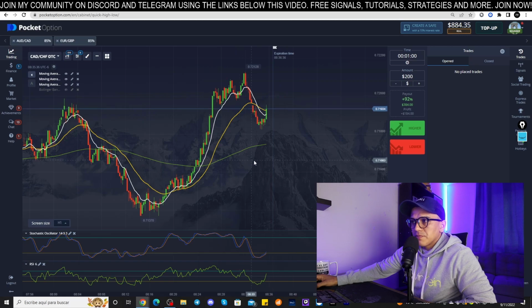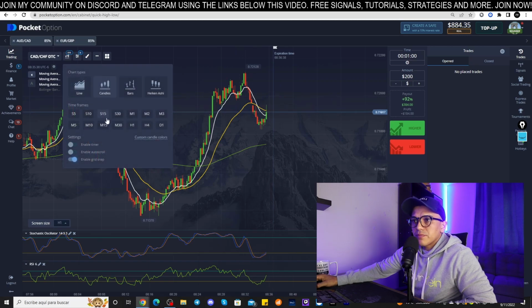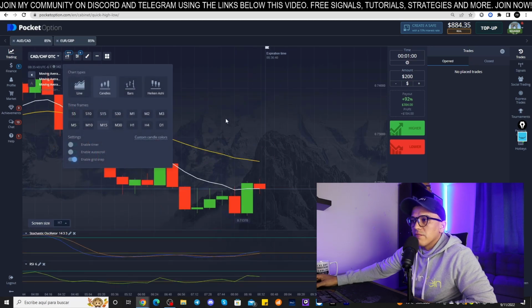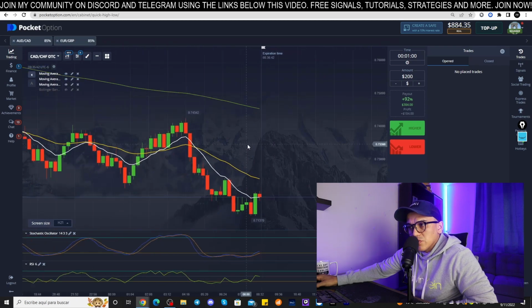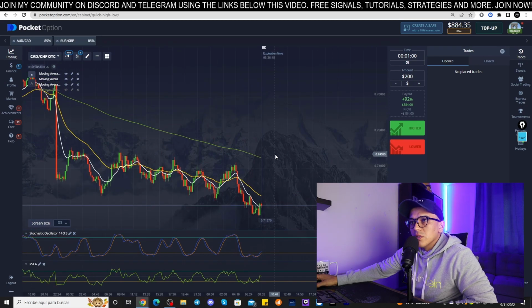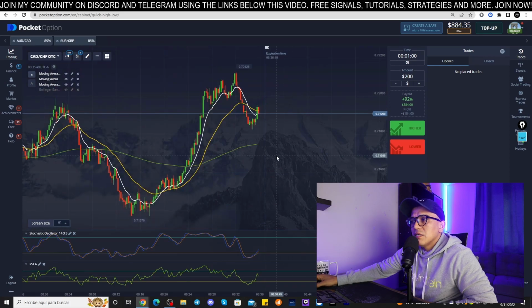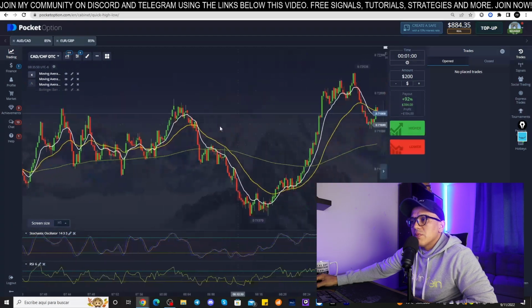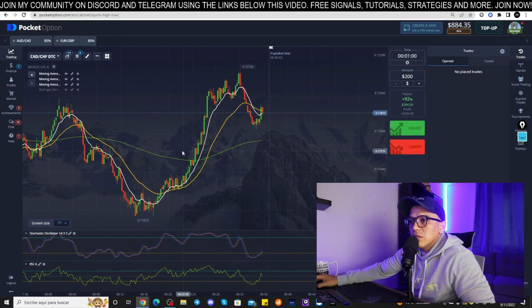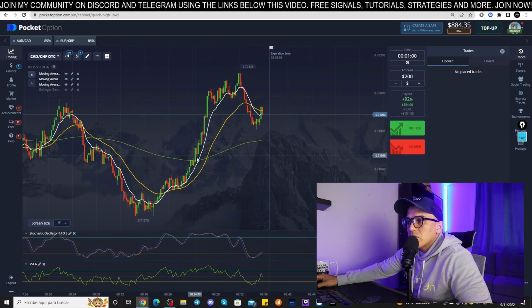Let's look at the 15 minutes, and we have a downtrend. So don't confuse this. We have a downtrend here. Looking at 15 seconds, it looks like maybe, but no. Look at the 200 moving average, it is too close right now. It just crossed a few minutes ago, this one.